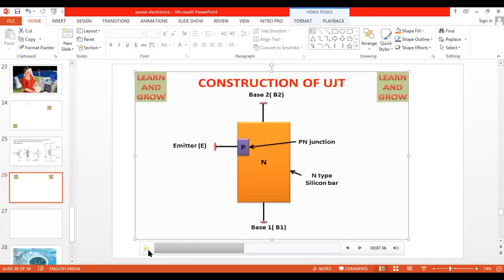If you see holes from the p-type, there is no voice disturbance. Can any student confirm? Is the voice clear or is any disturbance coming? Any one student, you can unmute and say whether there is any disturbance in the voice.